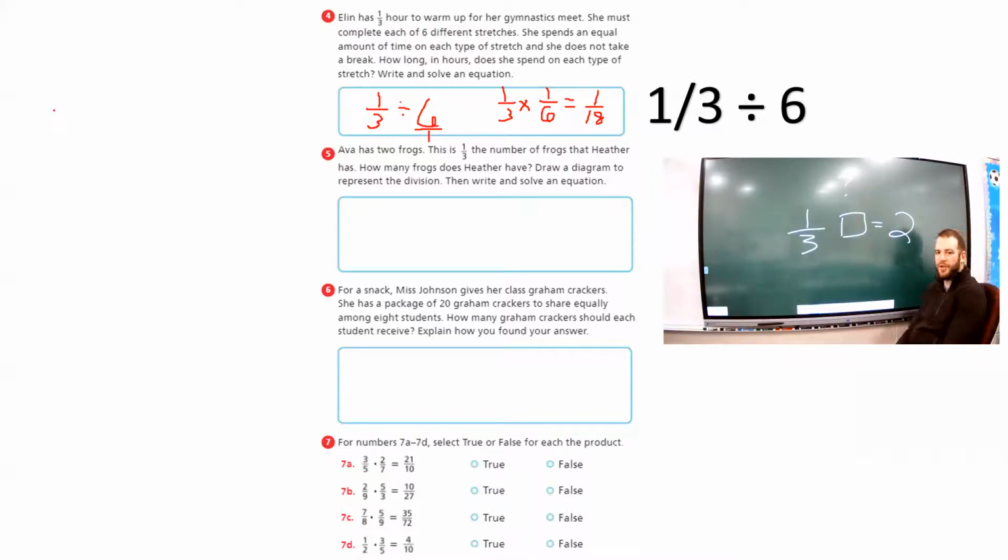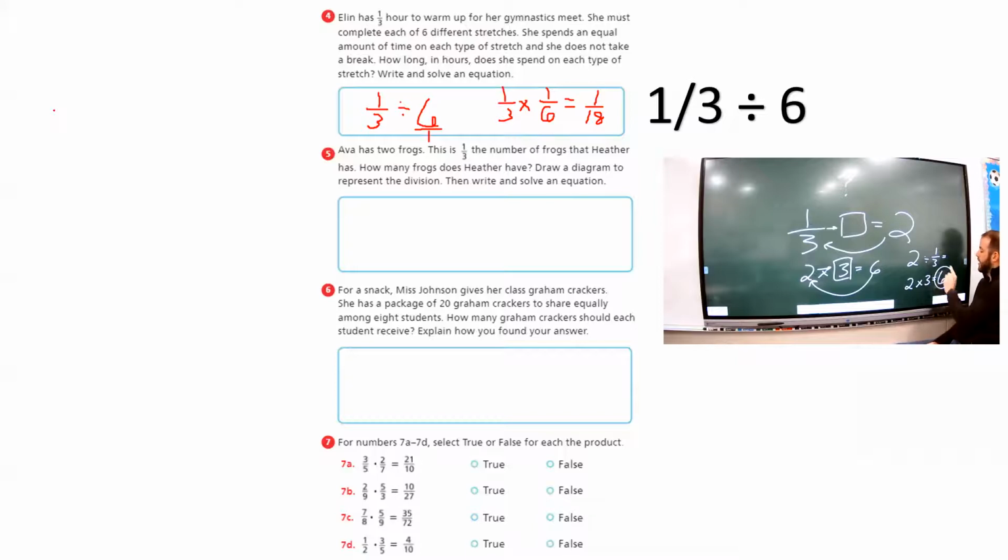And if you're like, I don't know what to do there, then put easy math. 2 times 3 equals 6. If we did not have 3, how do we go from 6 to 2 and get 3? We would divide. So you do that same thing here to get this missing piece. 2 divided by 1/3 equals keep, change, flip.